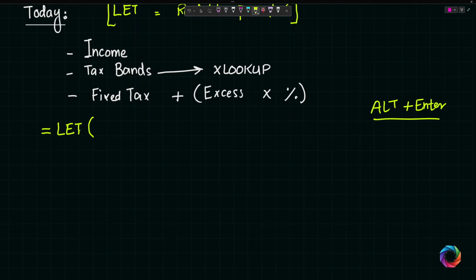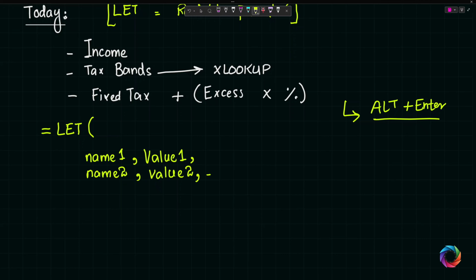So we write LET, and then we define a name1, for example, and assign it a value1, comma, and then you can hit Alt plus Enter and go to the next line and define name2 and assign it value2, and so on until all the variables or names that you need are defined.